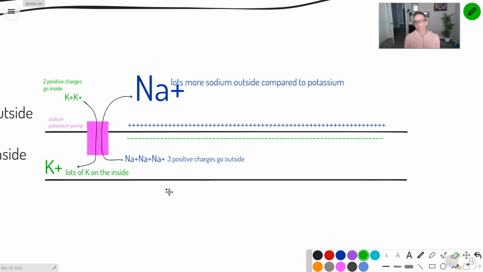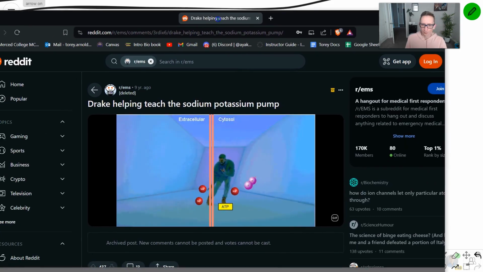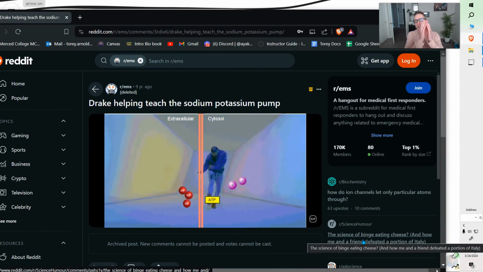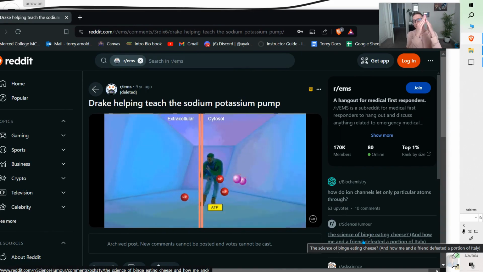In comparison, relatively speaking. All right, this pump, if you remember, it's a mechanical pump. So it actually opens and closes like this.